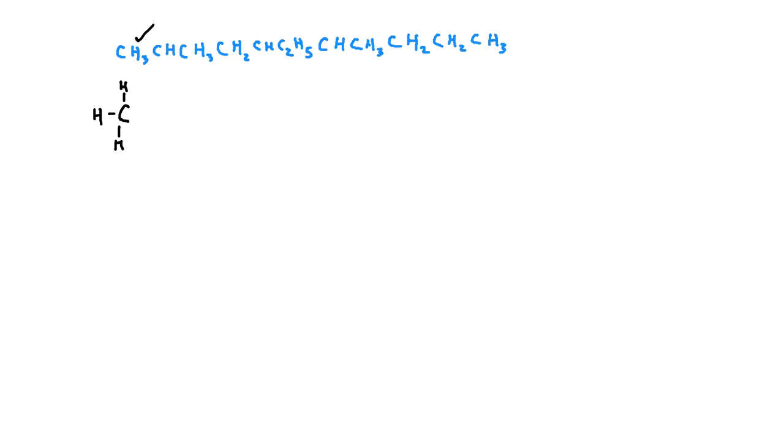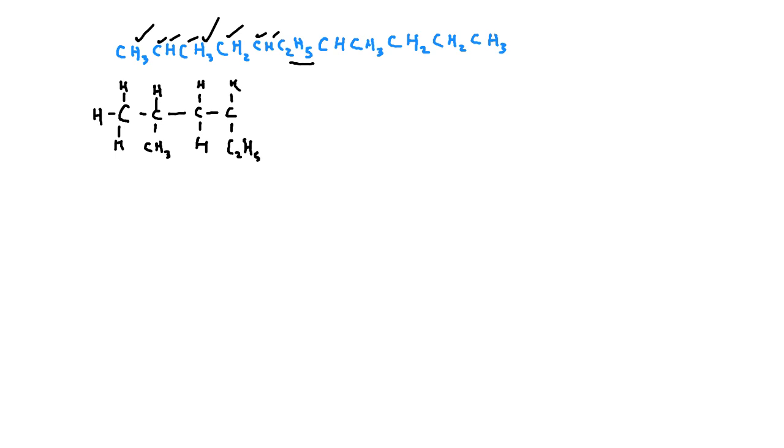Now we have a CH and a CH3. So there's a C, an H, and there's my CH3, my methyl. Okay, so we did this. Now we have a CH2. Now we have a C and H, a C and H, and now we have a C2H5 and ethyl. Okay, so we took care of that.